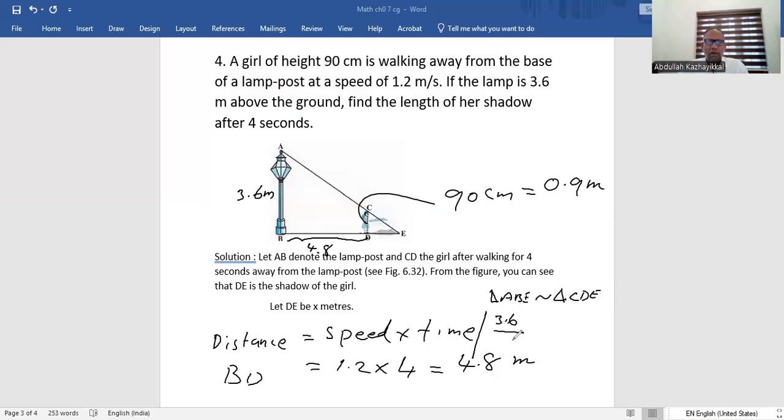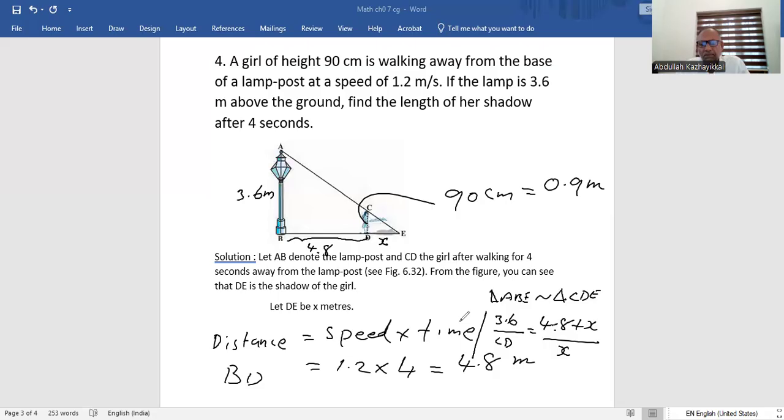3.6 divided by the corresponding side CD. So 3.6 by CD is equal to 4.8 plus X by X. Take this as X; find the length of her shadow, that means X or DE.